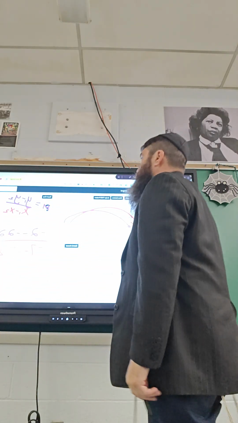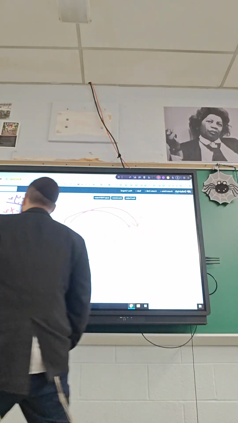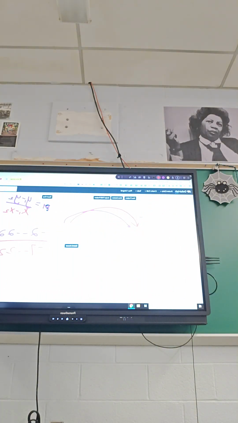When you do this, include that minus in there and then just simplify it after that. So this is -2 plus 22 over -7 plus 22, which is going to be 20 over 15.